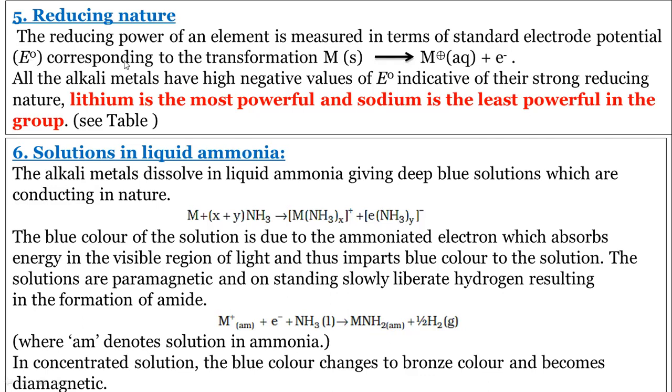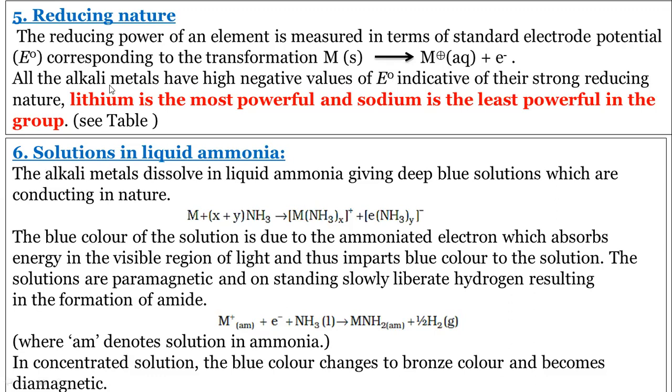The reducing power of the element is measured in terms of standard electrode potential corresponding to the transformation of the metal, where when one electron is removed, it forms monovalent ions. So all the alkali metals have high negative values of standard electrode potential.